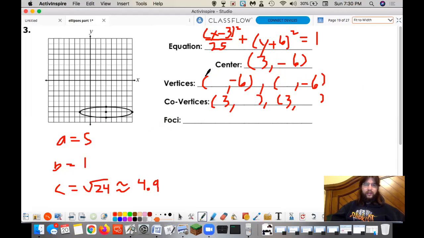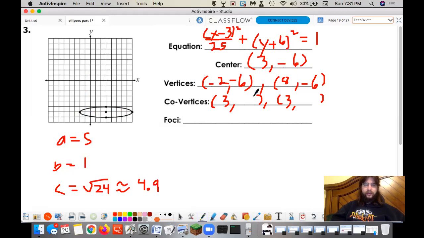Now, our x value for the center is 3. a is 5, so that's going to be a negative 2 and an 8. Let's check that. Negative 2, that's 1, 2, 3, 4, 5, 6. And then 3, 4, 5, 6, 7, 8. It worked.